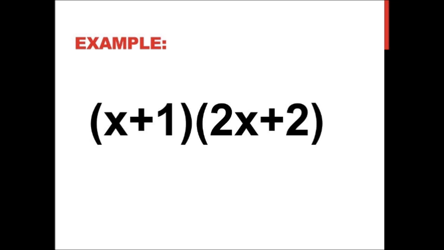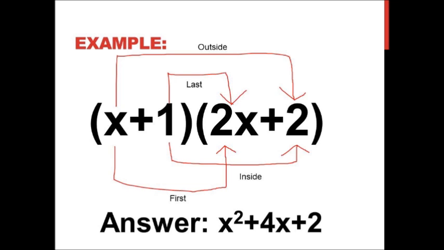That's the basic FOIL method that you'll need to multiply two binomials in this case. It will be the FOIL method that will help you compute whatever binomial product you need.